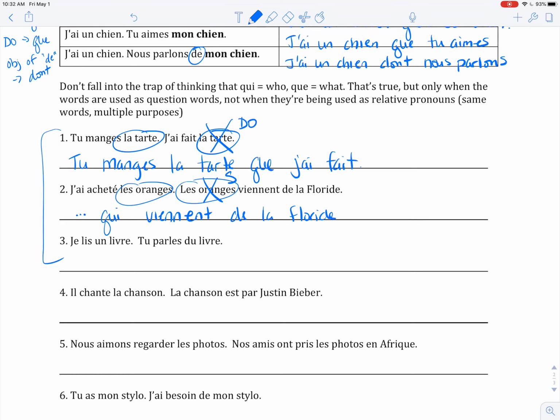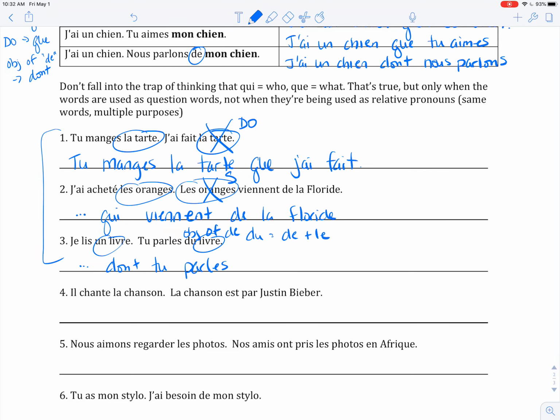And in the third one, je lis un livre, tu parles du livre. Now remember that du is de and le combined, so it's a contraction there. So that makes it the object of de. So it's going to be replaced with dont to give us je lis un livre dont tu parles.